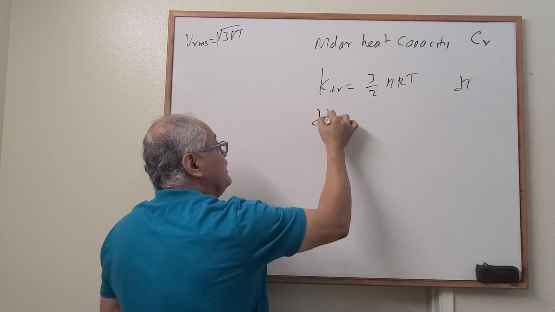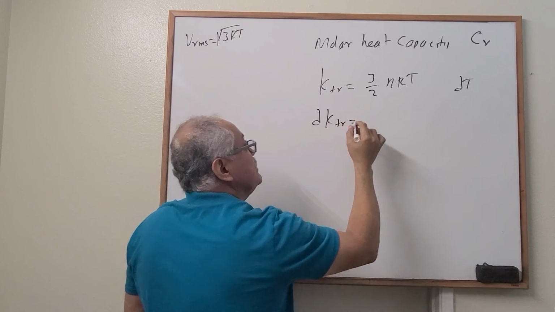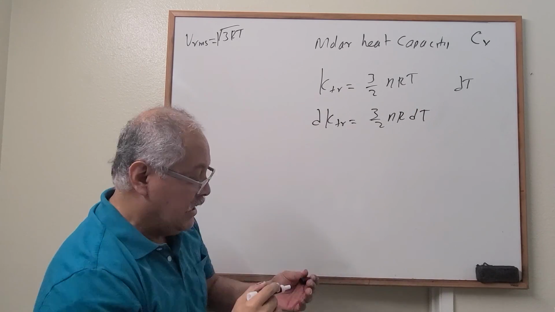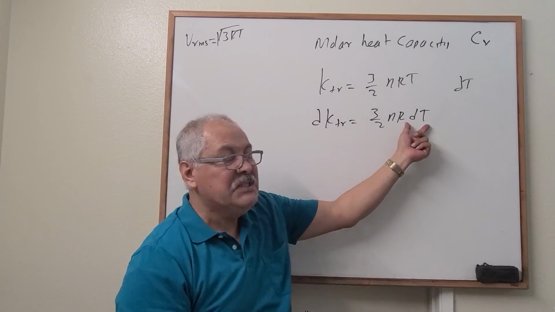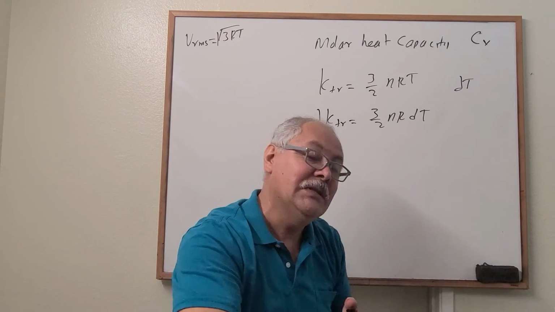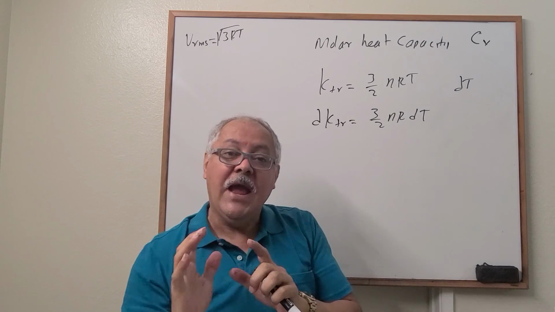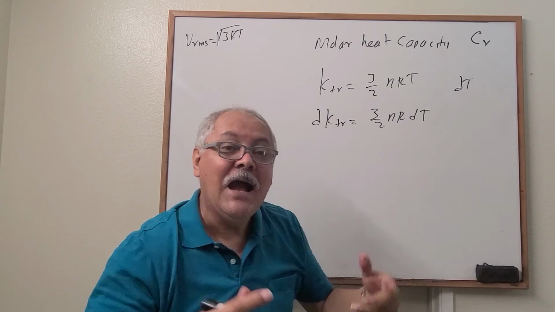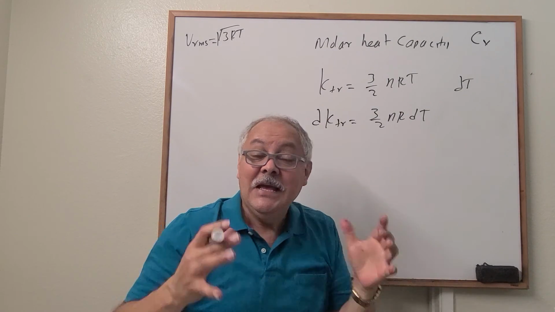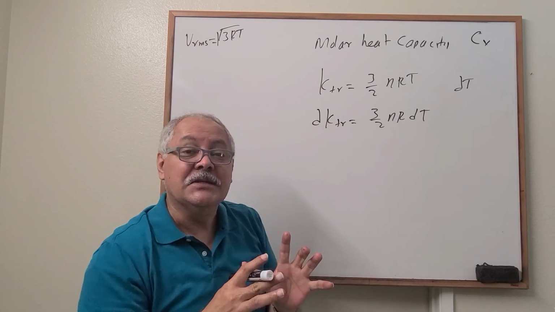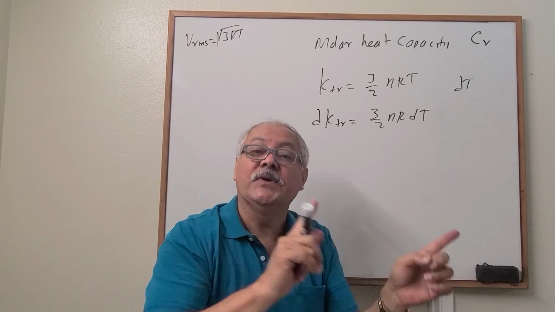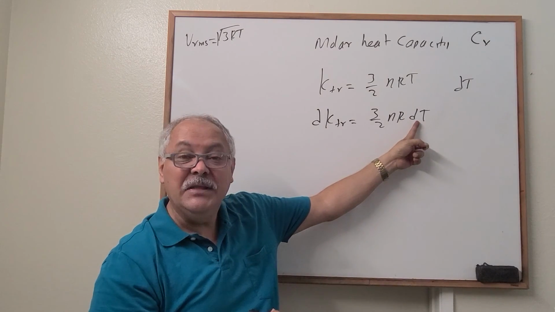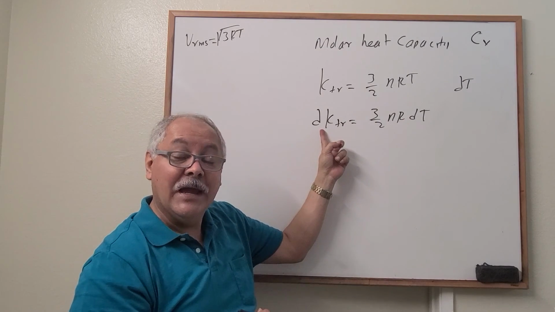So this change in the translational energy is equal to 3/2 nR dT. Now, we know how we can create this change in temperature. Well, when we add heat. We have a sample of gas, we add some heat at constant volume, and the temperature increases. But heat is energy, or energy transfer, or energy in transition. So that energy must be related to translational energy. Temperature is not energy, but this one is energy, kinetic energy.